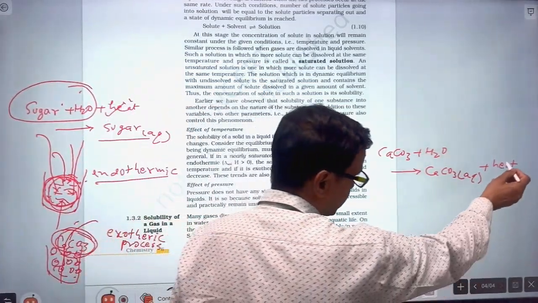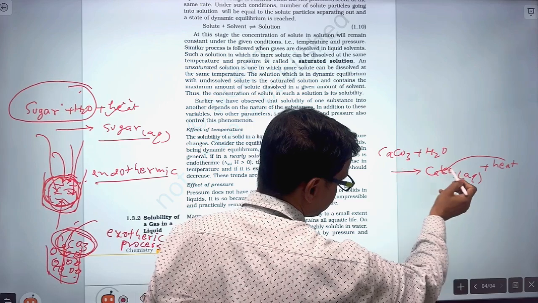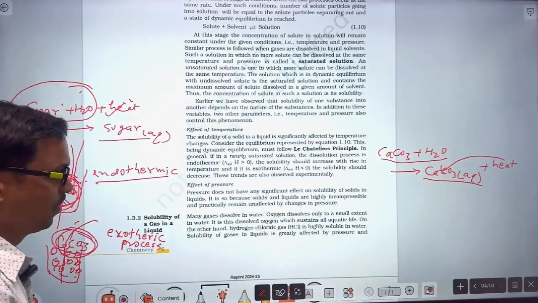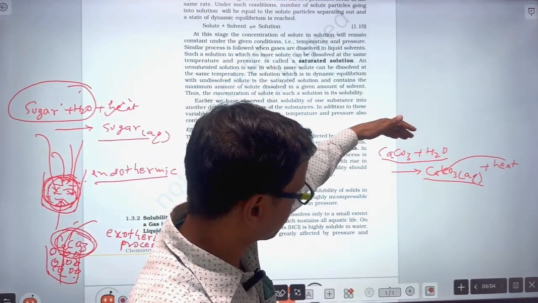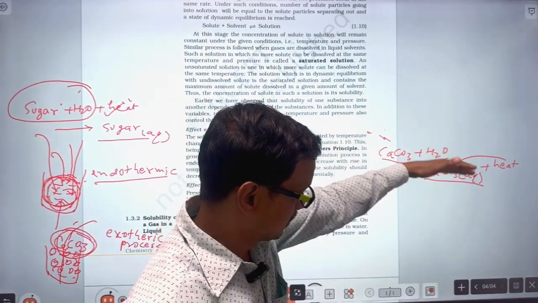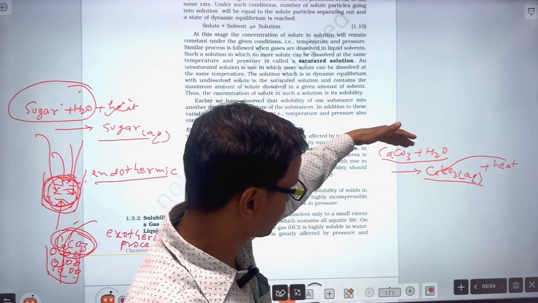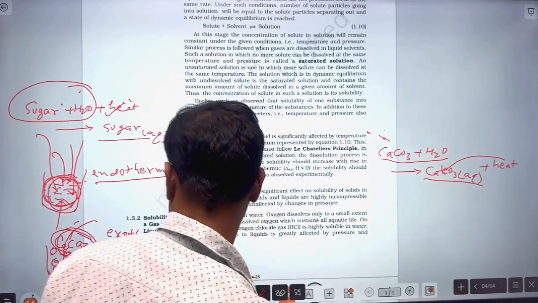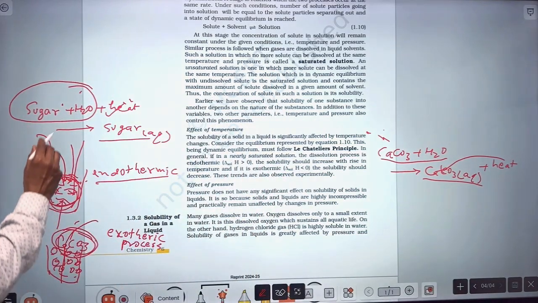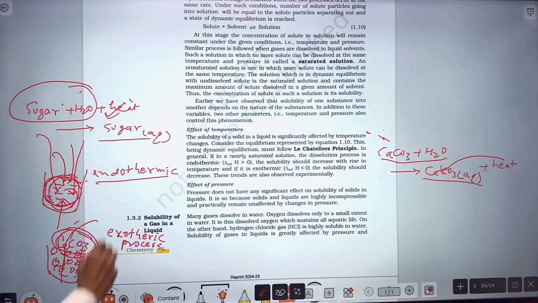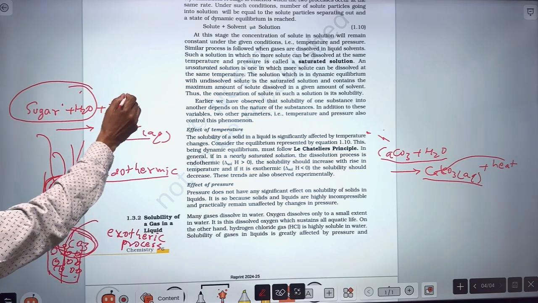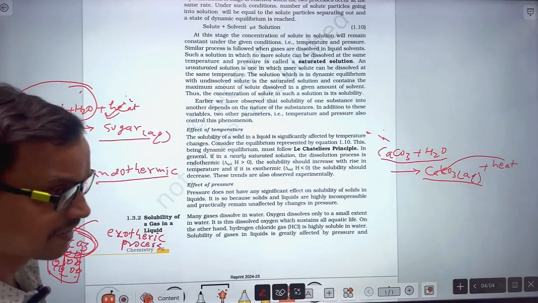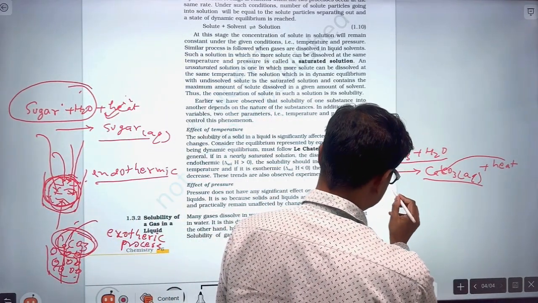So if you supply heat energy to aqueous CaCO3, then precipitation will take place. So at greater temperature, less calcium carbonate will dissolve, and at lower temperature, more calcium carbonate will dissolve. Solubilization of sugar in water is an endothermic process. It needs heat, and you are supplying the heat energy, so solubilization will increase.